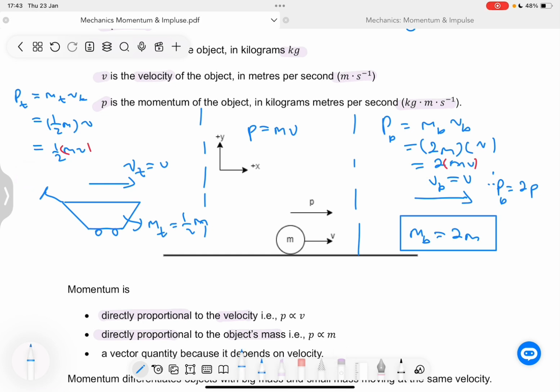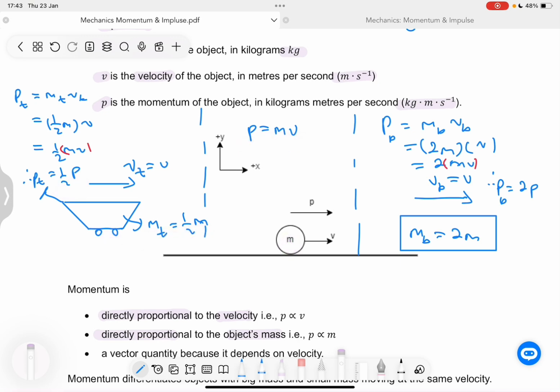And now this would mean that the momentum of the trolley is equal to 1 over 2p. And again, we see the direct proportion. If we halve the mass, if we take a smaller object compared to this big object of m, because 1 over 2m is half of this, the momentum will also be half.